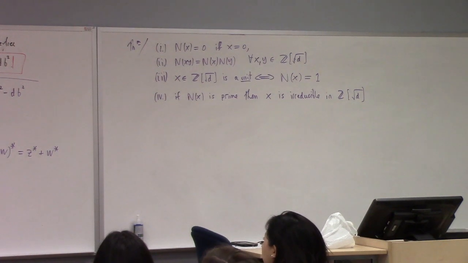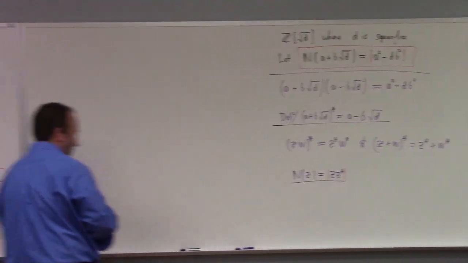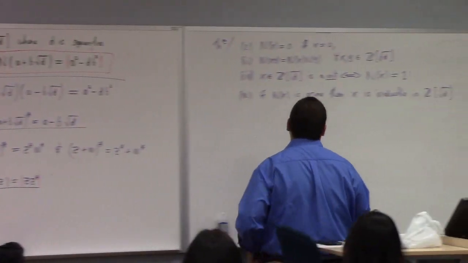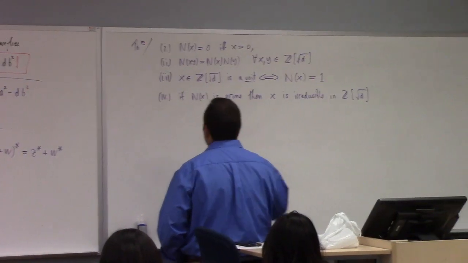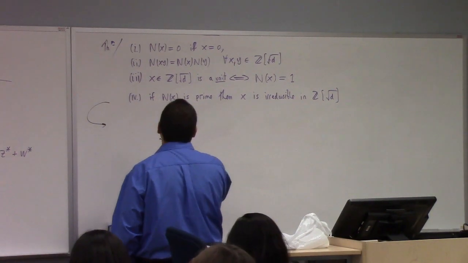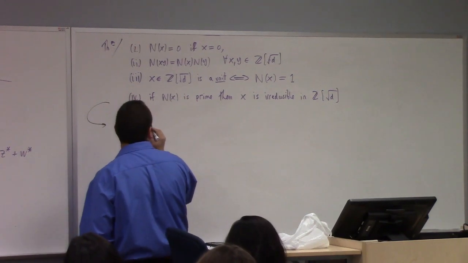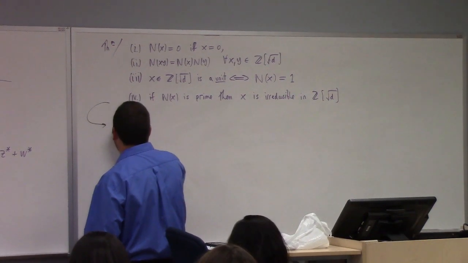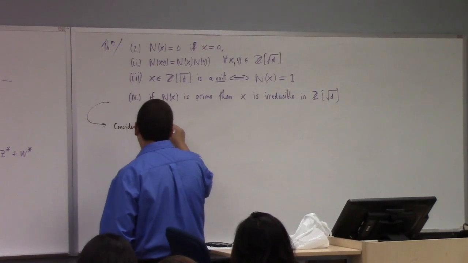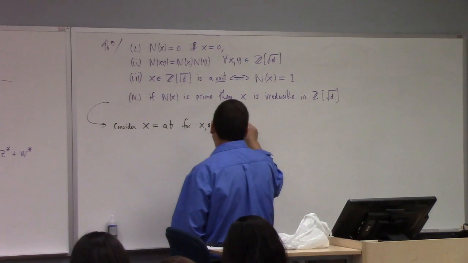So, we could prove this theorem. Let me attempt to prove 4. All right, so maybe I can prove 4 and 3. N of x is prime, so x is irreducible. Consider x equals ab for x, a, and b in Z adjoin square root of d, okay?